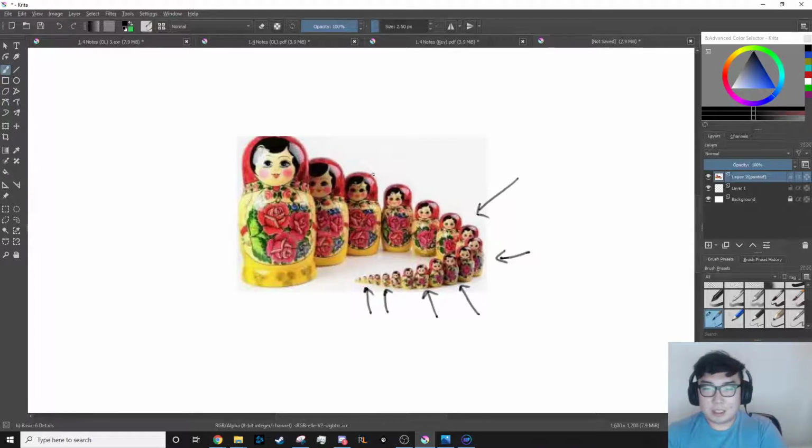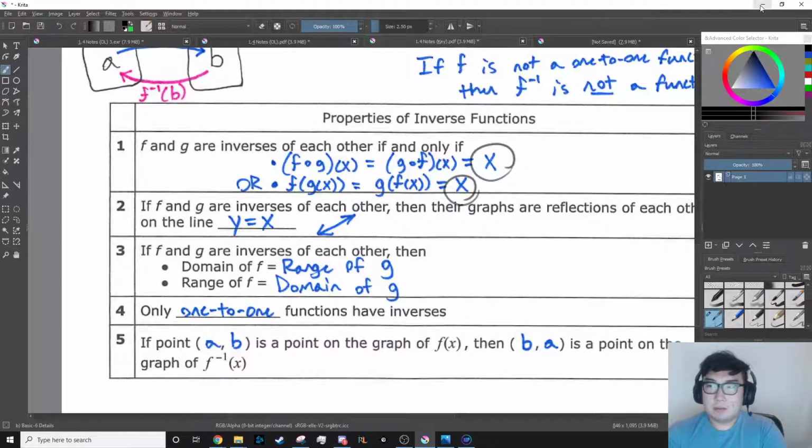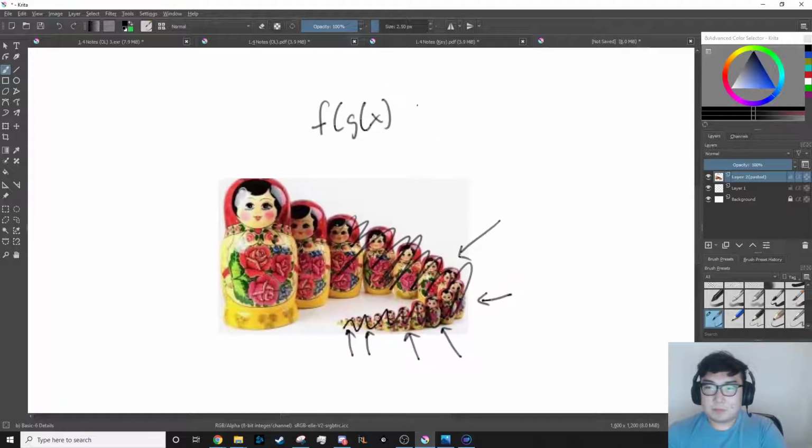But let's not think about the small ones. Let's just talk about the last 2. If we're talking about f of g of x, we have to assume that g of x is this, and f of x is this.